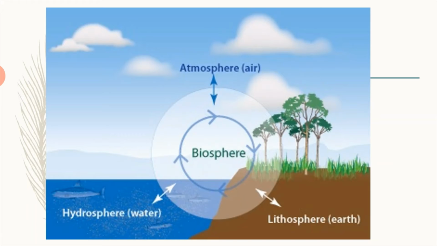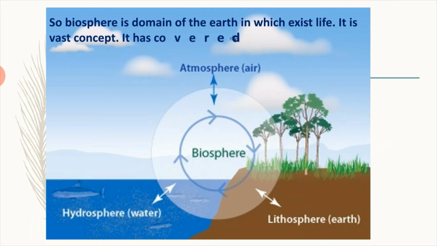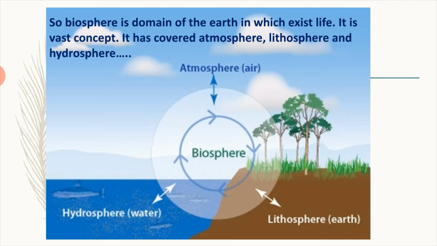Now it has become very easy to understand what is meant by biosphere. Biosphere is a layer, a domain of the earth where life exists, or we can say life can be found there, isn't it?